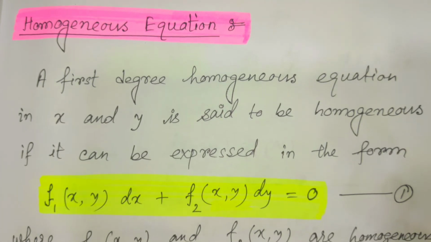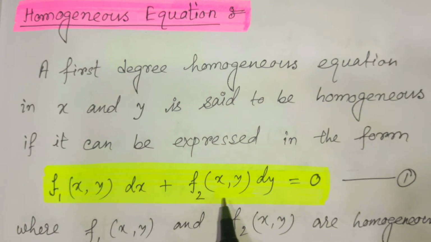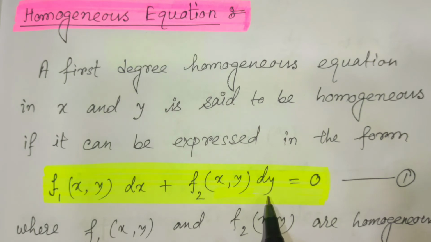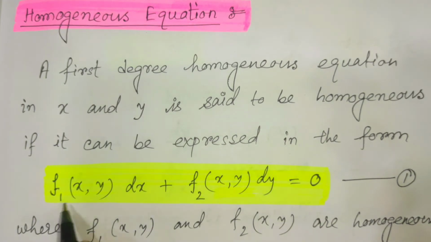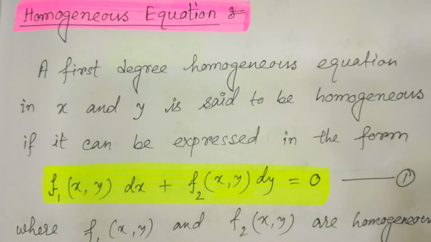If we can express this differential equation in the format f1 of x, y dx plus f2 of x, y dy, we should verify whether f1 and f2, the two given functions, are homogeneous or not. And if f1 and f2 are both homogeneous, whether they have the same degree or not. If f1 and f2 are both homogeneous with the same degree, only then can we say the given differential equation is in the form of a homogeneous equation, and we can solve it by this method.